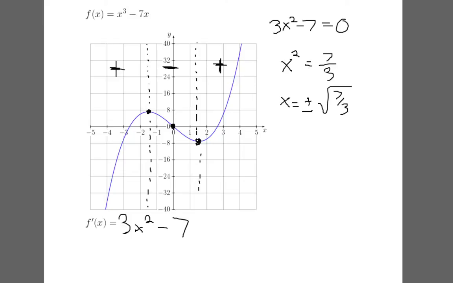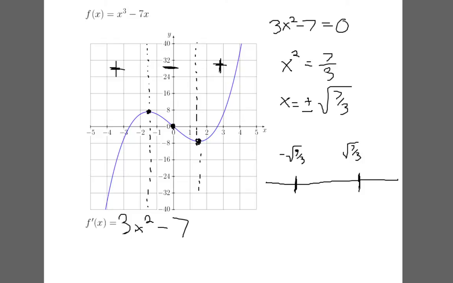So that means we have two critical points that we're interested in: one at positive root 7 over 3, one at negative root 7 over 3. So we would draw a little line chart. We'll plot our points, positive root 7 over 3 and negative root 7 over 3.